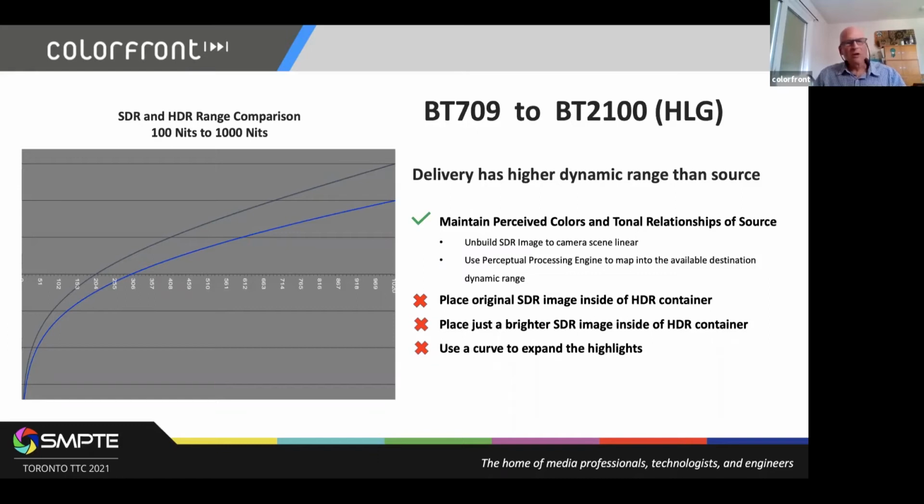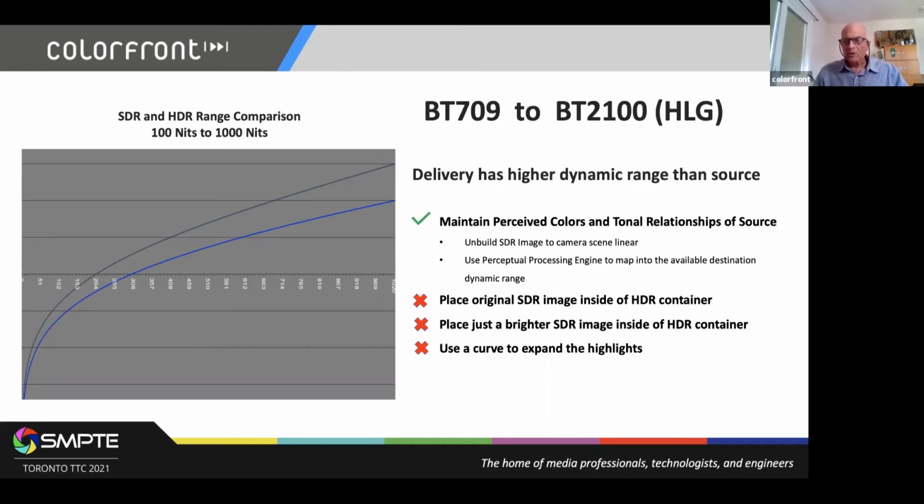In other words, if we're looking at an original SDR picture, we want to just see an HDR equivalent, as if that picture actually were originally imaged in HDR. So using the number one thing on here, where we maintain the perceived colors and the tonal relationship, that's what we really want to do.